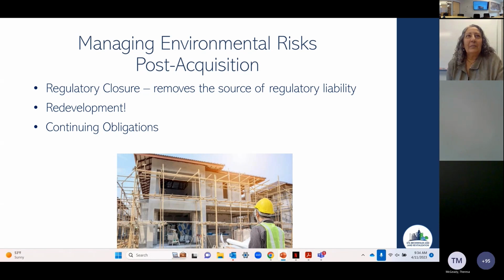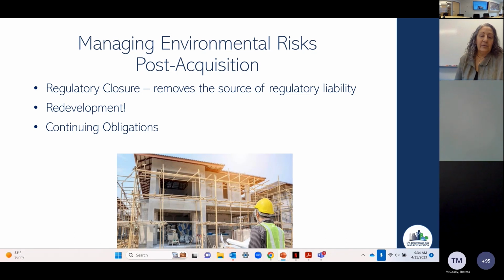So obviously, cleanup and regulatory closure are critical to removing environmental liability post-acquisition, but redevelopment really will remove the stigma from a site. And the last thing we want to talk about is continuing obligations.